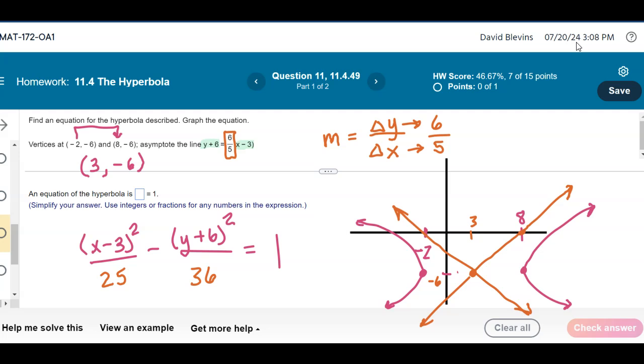The vertices will move away from the center in the direction of the positive term. So there's the center, we're moving left and right, which means that x is the positive term. But I can get my denominator straight from the number in front of the x, x minus 3, and I can also get the shift. I can get the center, literally, from the shifting of the asymptotes.